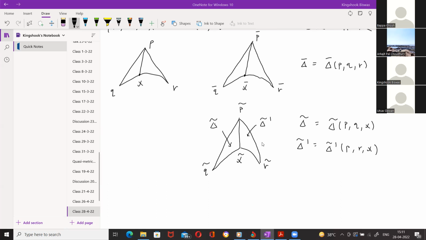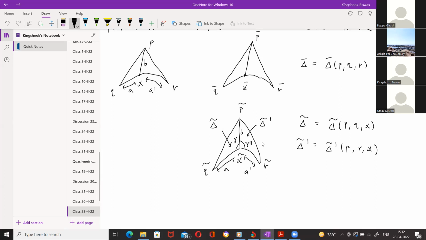Okay. So let's look at these angles here, gamma and gamma prime. I want to use Alexandrov's lemma, right? So if this side is A and this side is A prime, and this length is B, then this length here is B also, and this is A and this is A prime, right?